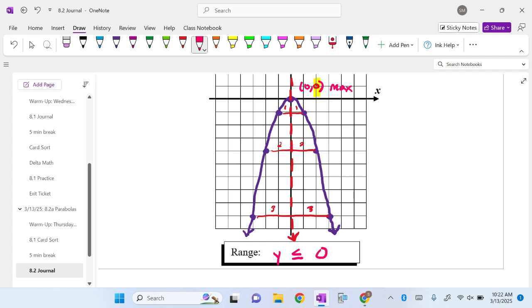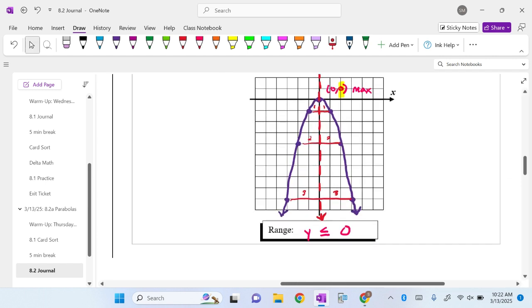You have to ask yourself, are my other y values besides this vertex lower than the vertex or higher than the vertex? If it's lower, it's less than or equal to. If it's higher, it's greater than or equal to. So guys, a lot of these key features, you can kind of logic your way through. You just have to think about that logical process. It's not so much about formulas, it's more about can you think about it a little bit logically.